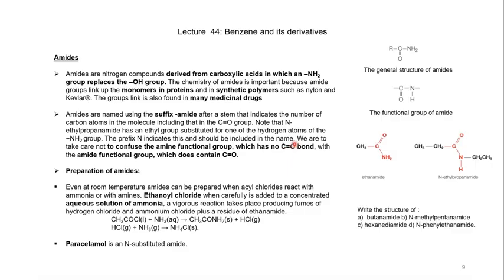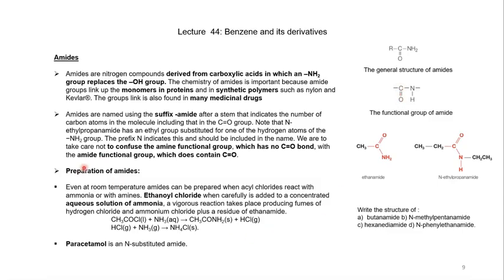If we have an amine group, we don't get this group in the functional group, but if it is an amide group, we do get this carbon oxygen double bond in the functional group. Do you remember this? This is what we have to remember.